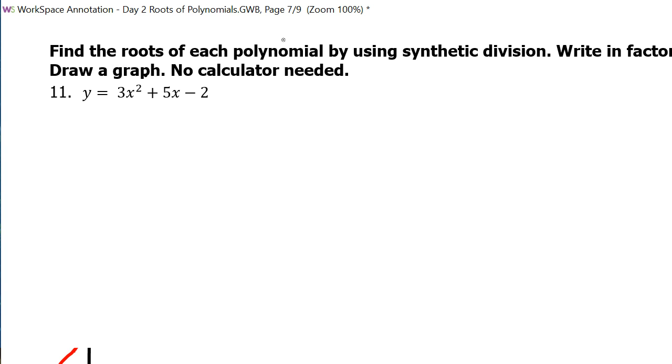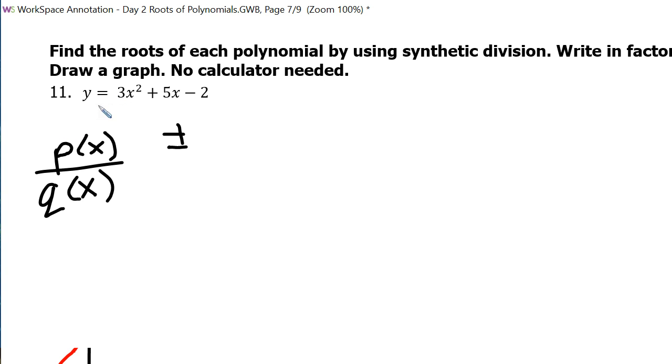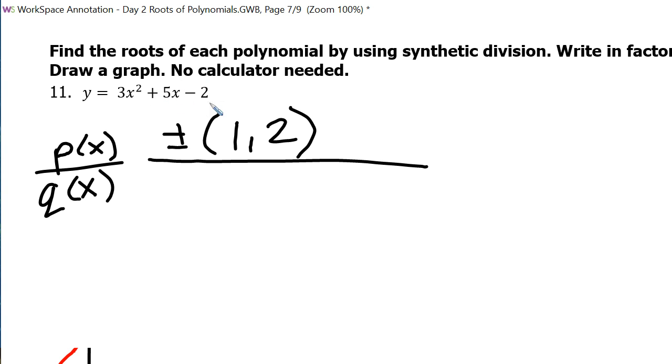So the first thing I need to do, if I'm finding the roots, is use the rational root theorem, which was P of x over Q of x. And what was P of x? The factors of the constant, which is negative 2. What are the only factors for 2? 1 and 2.